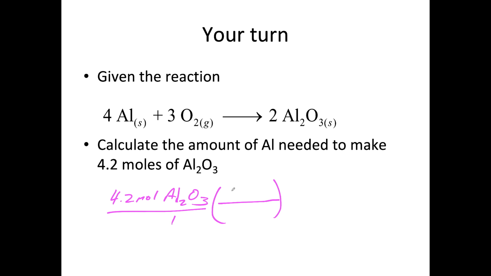So the molar ratio: we need to get rid of moles of aluminum oxide, which is Al2O3, and we just need Al, and that is a 4. So 4 moles of Al will produce 2 moles of Al2O3. When we do this, we should end up with 8.4 moles of aluminum, as part of what we need to use to make that much product.